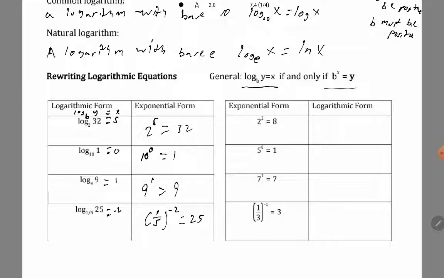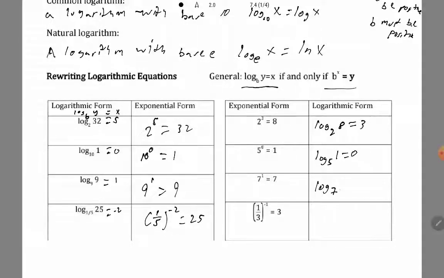And now we're going to switch from exponential to log. Okay. 2 to the 3rd power equals 8. Okay. So this is log base 2 of y. So y is 8, equals 3. Our x value. Okay. Log base 5 of 1 equals 0. Log base 7.